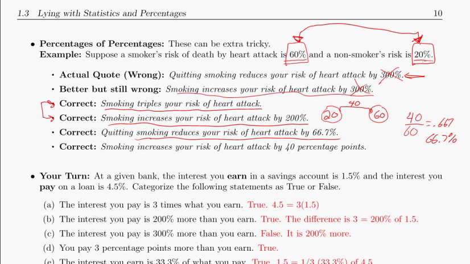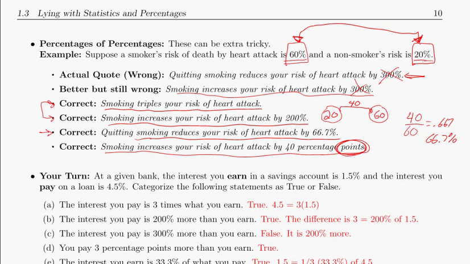If you want to make it sound a little smaller, you might use the original risk of heart attack for a smoker, and the change looks a little smaller. It represents the same change, though. And then you can also say, and this is just as valid, smoking increases your risk of heart attack by 40 percentage points. And that's critical, that points there, because it basically says the change is in percentage points, right?